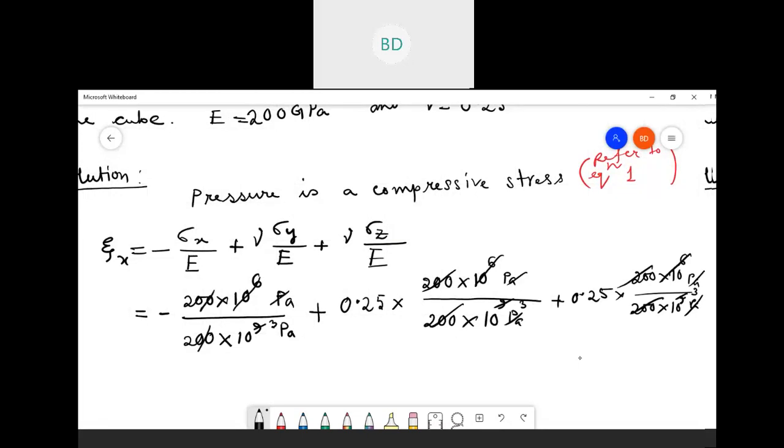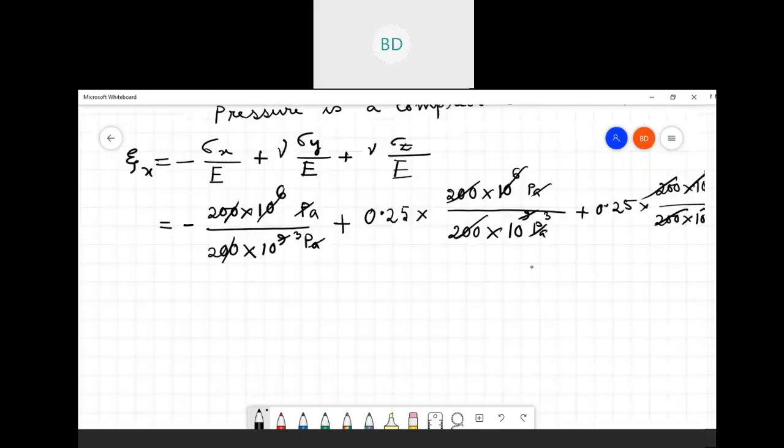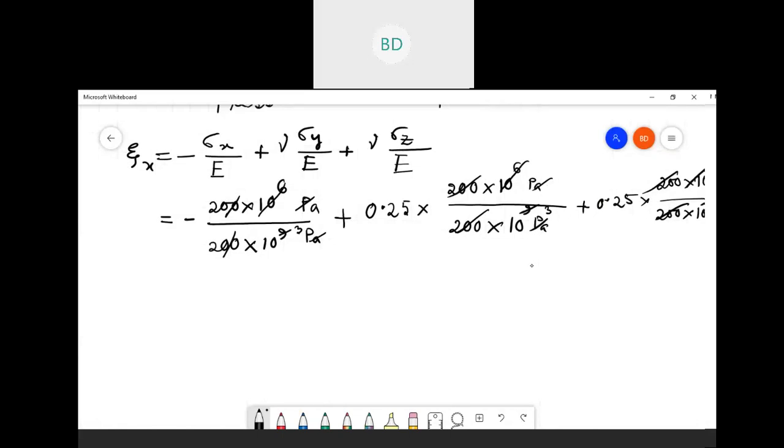So what remains ultimately? Minus 10 to the power minus 3 plus 0.25 into 10 to the power minus 3. Here also 0.25 into 10 to the power minus 3, so ultimately we can multiply it by 2.